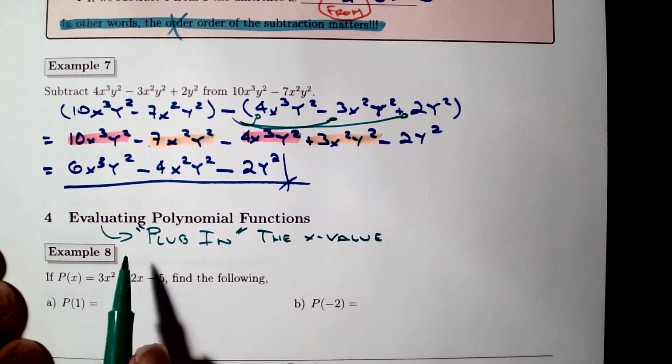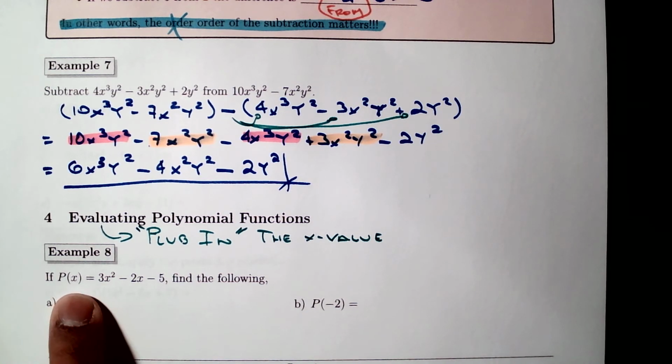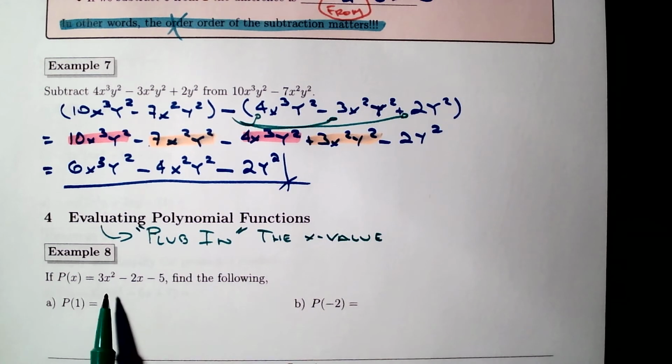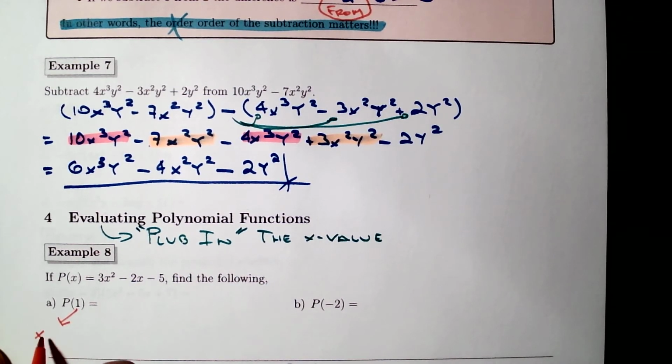I want to recall this part from the previous chapter, in which we covered a very brief intro to functions. So given this function p of x equals 3x squared minus 2x minus 5, let's find the following: p of 1.